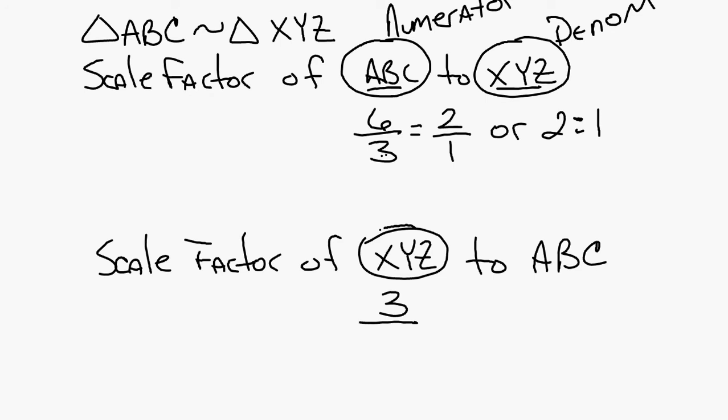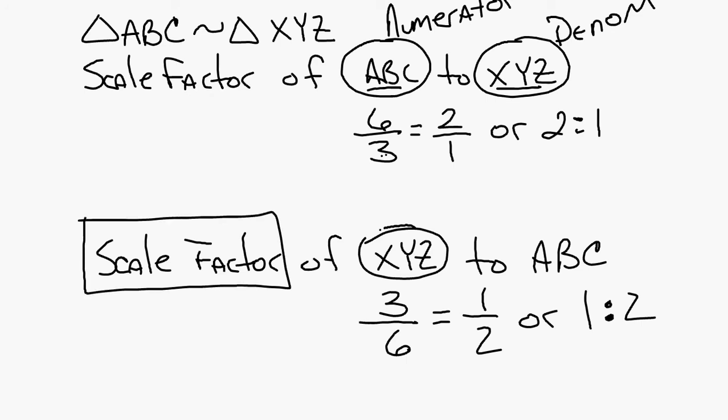So the scale factor of XYZ to ABC is 3 to 6, which is the same as 1/2, or 1 to 2. When they ask for the scale factor, whatever's listed first goes in your numerator, whatever's listed second goes in the denominator. The order matters there. The order is real important. Making any sense?